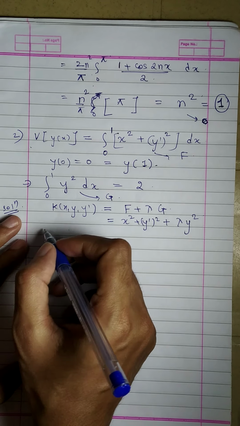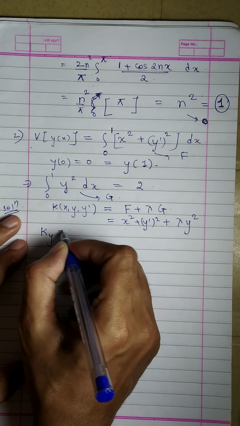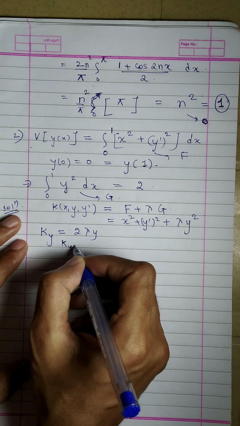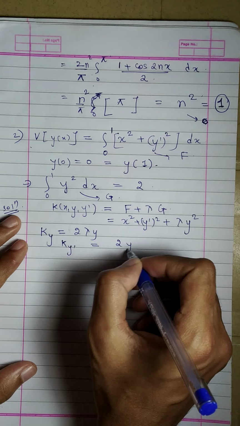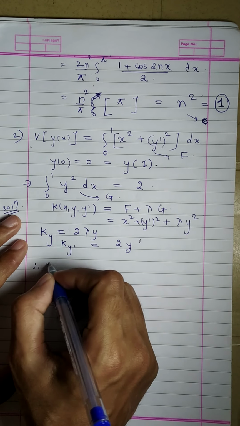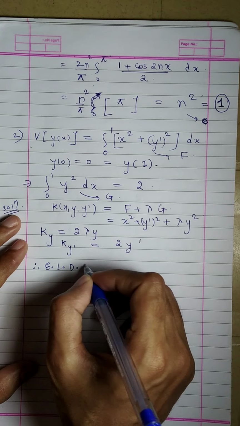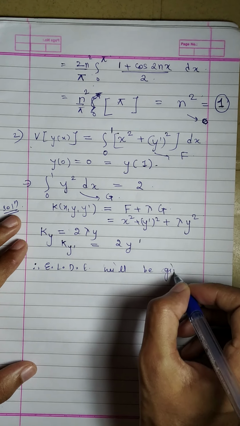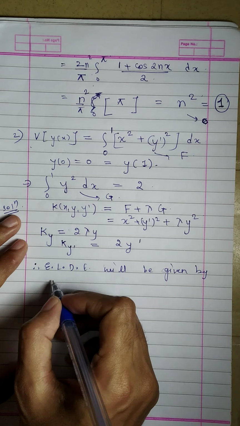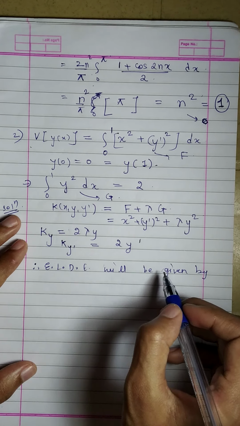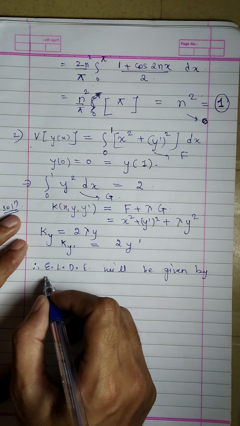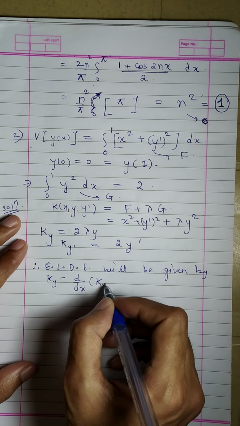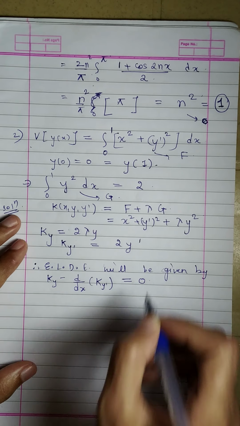Then differentiating it with respect to y gives 2 lambda y. Differentiating it with respect to y dash gives 2 y dash. Therefore, the Euler-Lagrange differential equation for K will be given by Ky minus d by dx of Ky dash equal to 0.